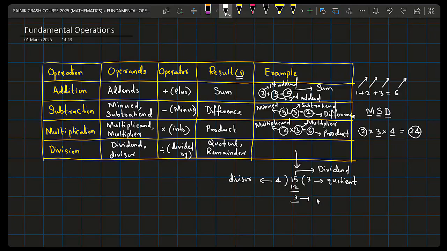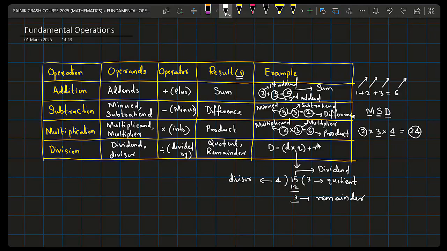And this 3 is called remainder. And the relation between them, we know that dividend is equal to divisor into quotient plus remainder. This is called division formula. So these are the terms associated with all the operations, and you must remember all of them.